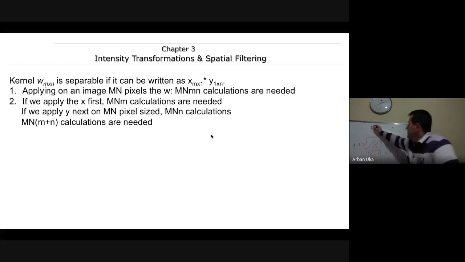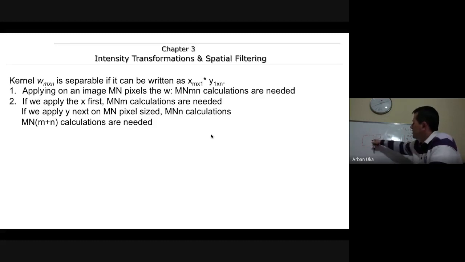Imagine that we have an image which is capital M by capital M, so M rows and M columns, and we have a small kernel, which is small m by small n.